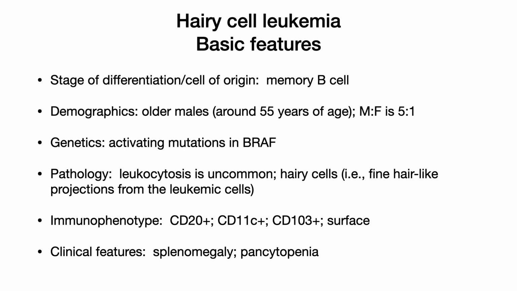They're CD20 positive, but uniquely also CD11c and CD103. Personally, when there are one or two CDs that are specific for one or two conditions, that's a lot easier to remember than trying to remember all the ones that might be 19 and 20. Just my thought. And the mutation associated with it is BRAF.